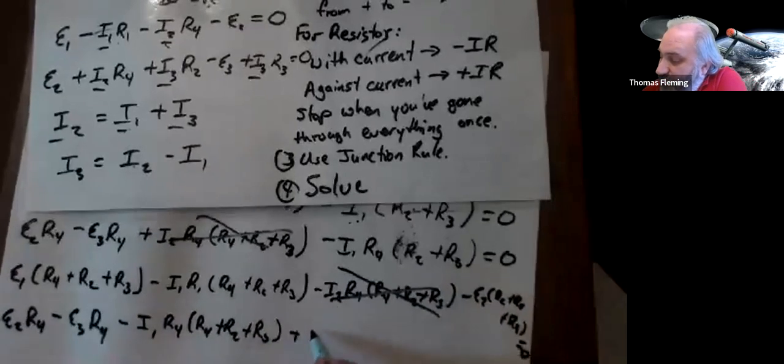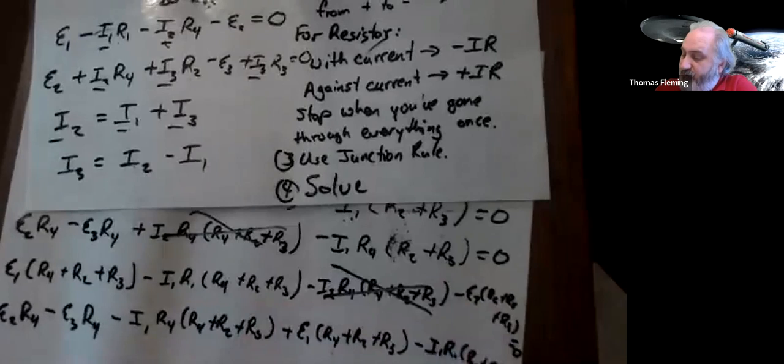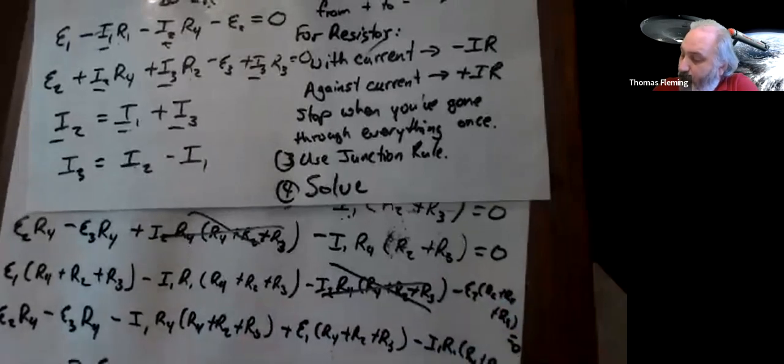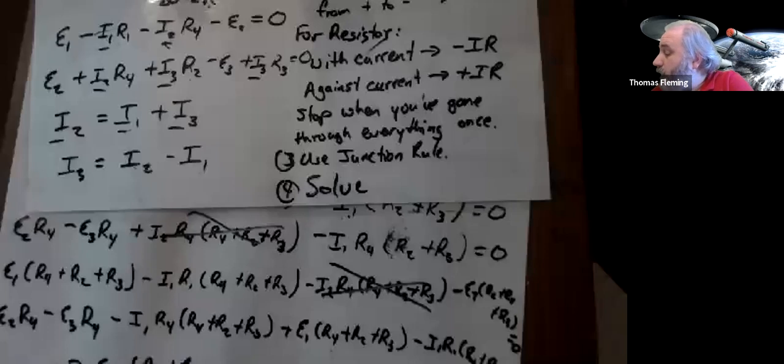So plus EMF1 times R4 plus R2 plus R3 minus this term. I'm going to continue it down here. So minus EMF2 times R2 plus R4 plus R3.